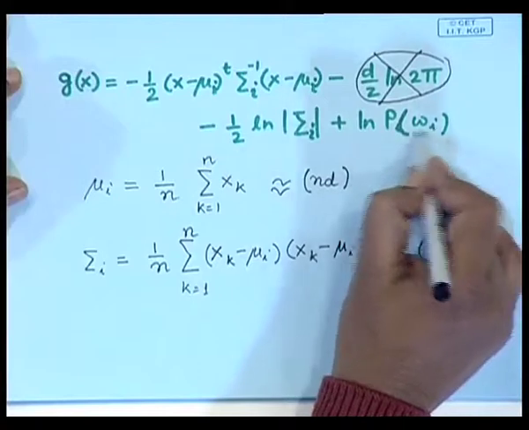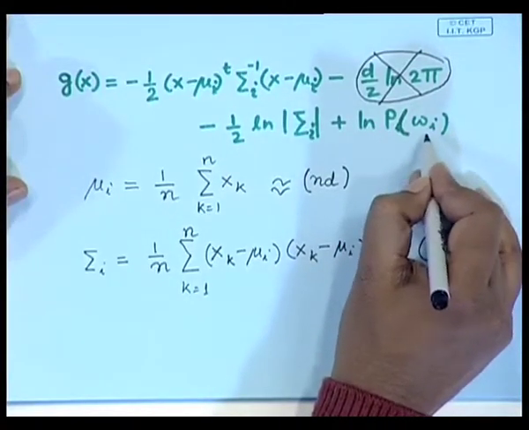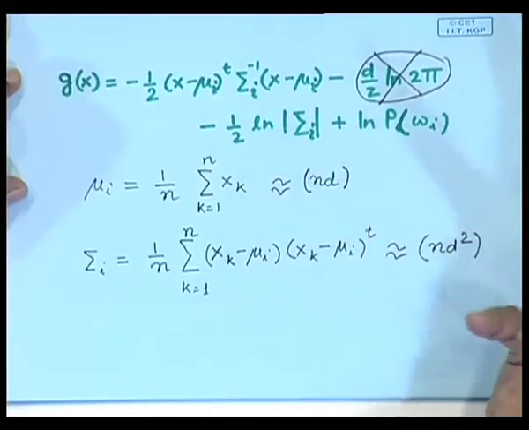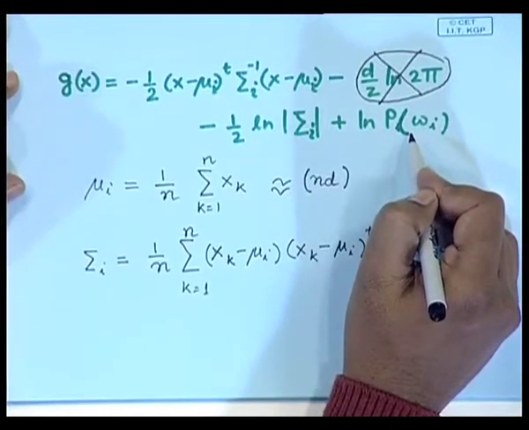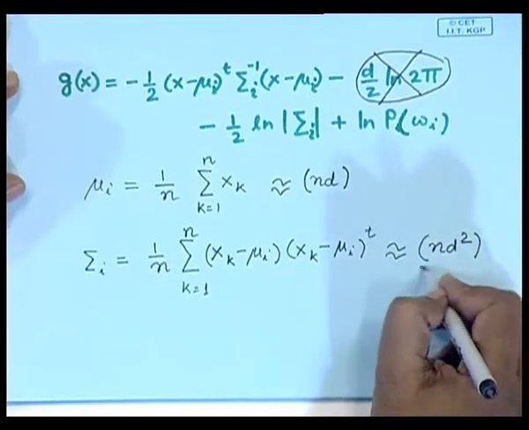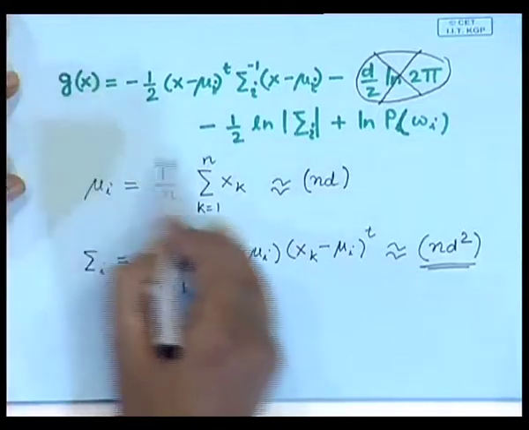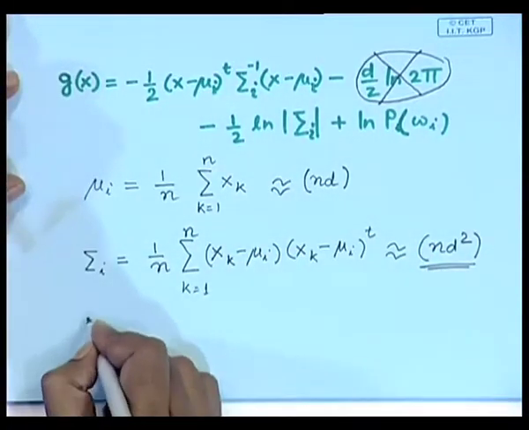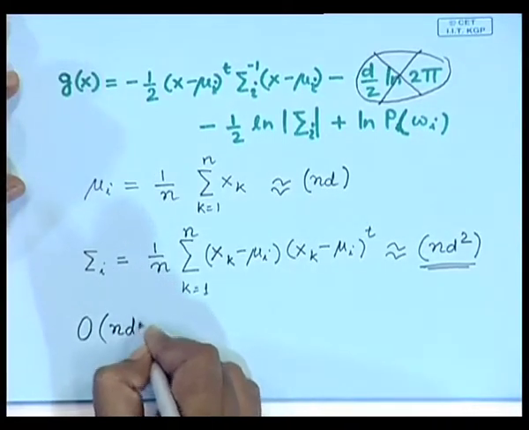Of course, this other term depends upon the value of n, because when I want to compute omega i I have to take n samples into picture, so its complexity is n. Overall, because this is the highest one, the overall complexity is of order n into d square.